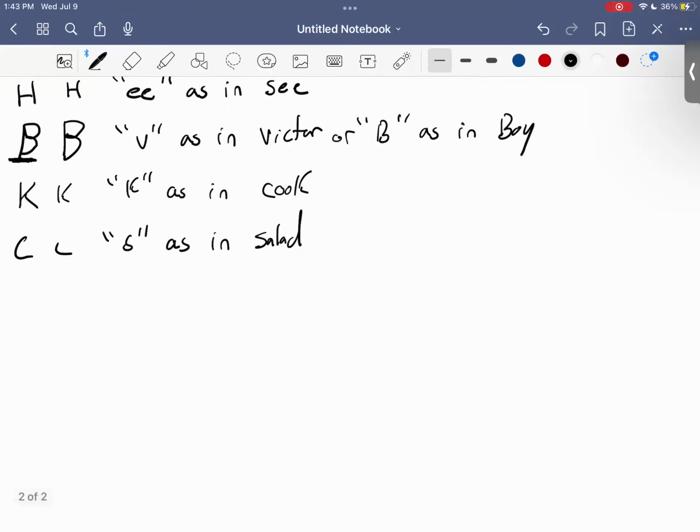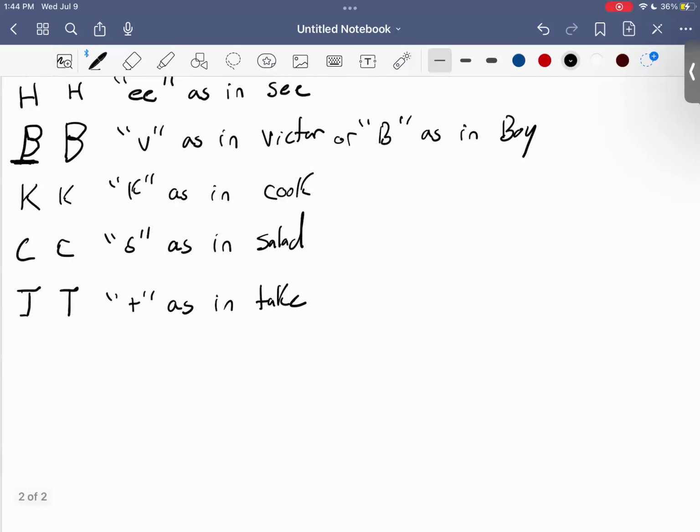The next one we have is tav. It's not a J, but it looks a little bit like a J when I wrote that. Tav is going to make a T sound as in take.